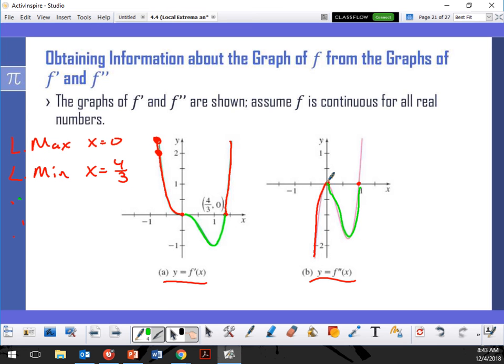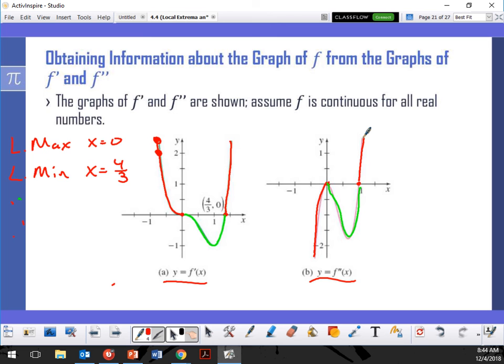But now over here, at 1, on the left of 1, it's negative, and on the right of 1, it is positive. It's going from a negative to a positive. So the left-hand side of 1, the green part, is negative, and remember, negative is concave down.